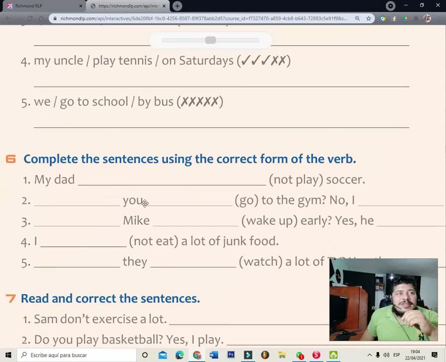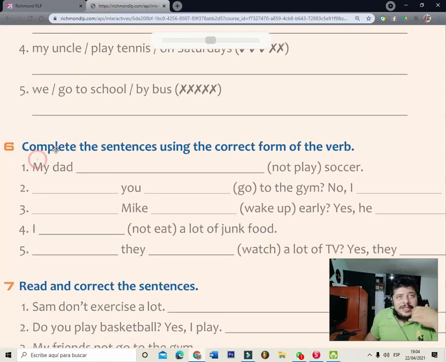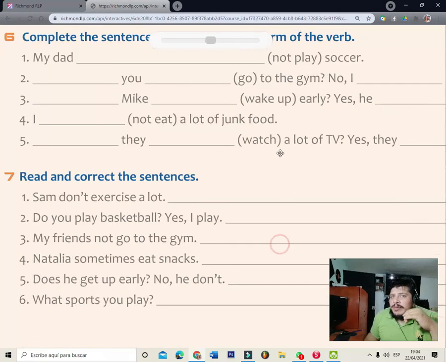If you pay attention, you will see a question mark, and then we have a short answer. So what do you think? Do or does? Do you go to the gym or does you go to the gym? I don't know, right? It's interesting. And then no, I what? No I don't? No I doesn't? Interesting. So you have to complete all this exercise using the correct form of the verb.